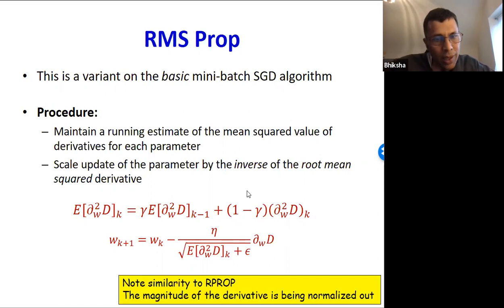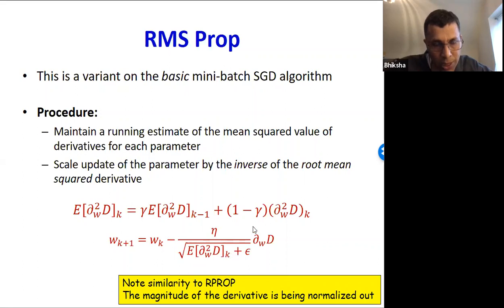Now, if you observe this, RMS prop is basically very similar to R prop. If you have a constant derivative, meaning you have a loss function which has a steady slope in some direction, then this derivative is going to be the same at each step. So the RMS value is going to be the same as this guy.